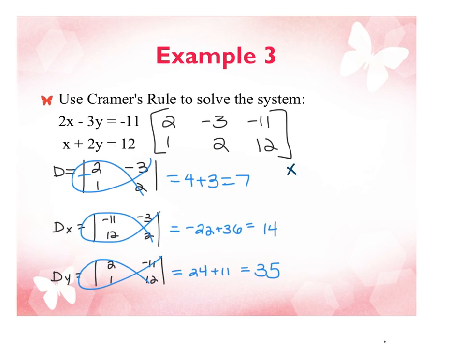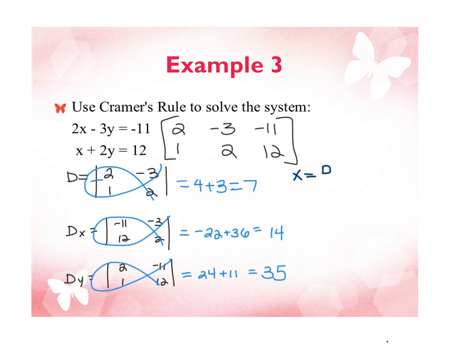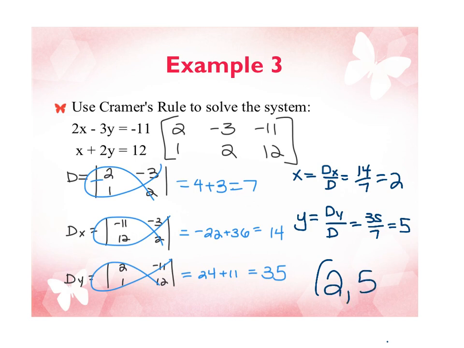And then the x is d sub x over d, which is 14 over 7, or 2. The y is d sub y over d, or 35 over 7, which is 5.